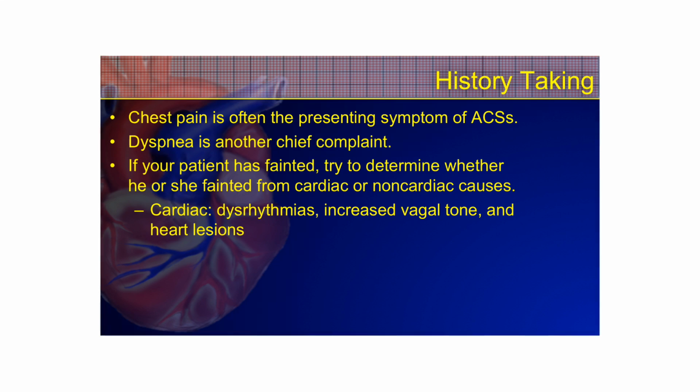And it's important to consider that possibility because your sudden unexplained death victims, the patients that end up having Brugada syndrome or long QT syndrome or something like Takotsubo cardiomyopathy, you don't have to memorize that. All of those patients often present first with syncope, and it goes unrecognized. So keep that in mind with your syncope patients, that it could be cardiac, and always do a 12 lead on every syncope patient you have.